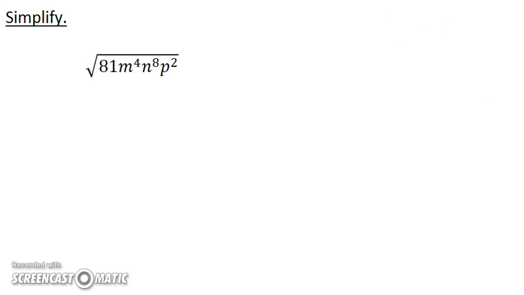Let's do one more. We've got 81 m to the fourth n to the eighth p squared. I'm going to break down 81 in a factor tree. 9 and 9, actually it's a perfect square, isn't it? I'm wasting my time. I know where this one's going to end up.